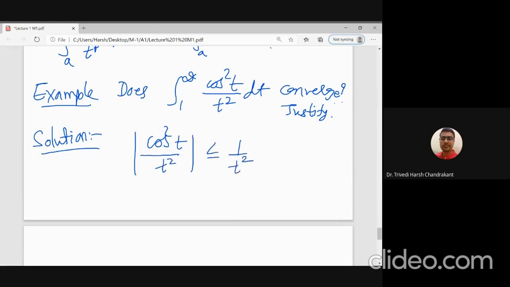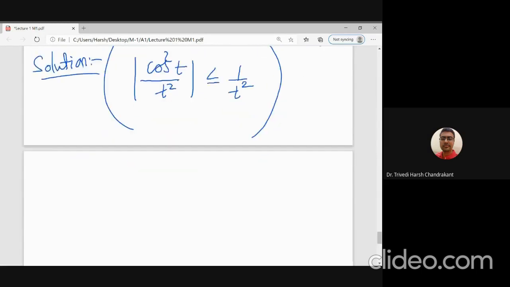Since the cosine value is between minus 1 and 1, cos square value is between 0 and 1, as he said. Using this observation, we can try to compare this integral with 1 upon t square.